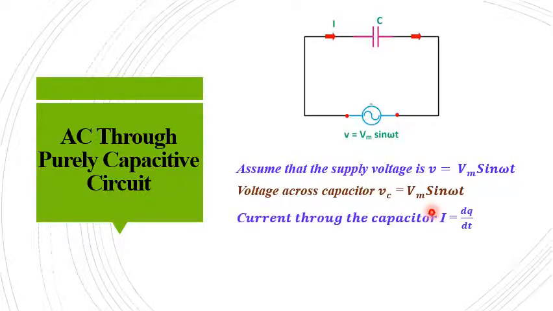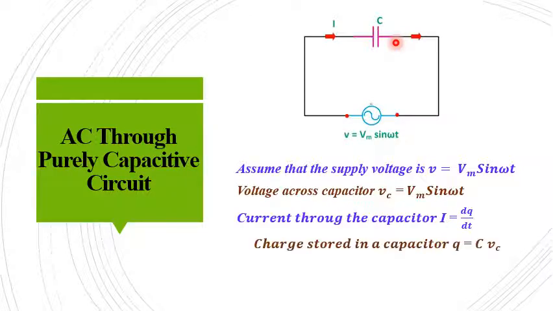Then the current through the capacitor I can be written as dq by dt, where q is the charge stored in a capacitor. We know that when a voltage is applied across the capacitor, it will be storing charges on its plates. So the current through the capacitor will be dq by dt. Now we need to find an equation for q.